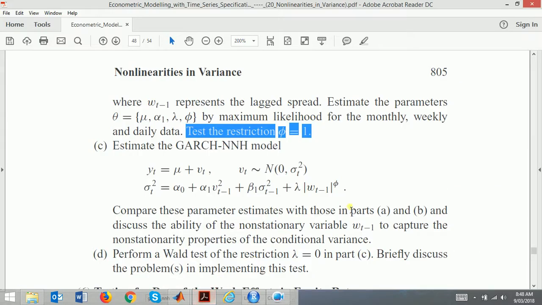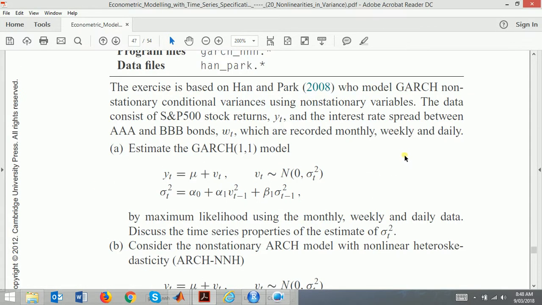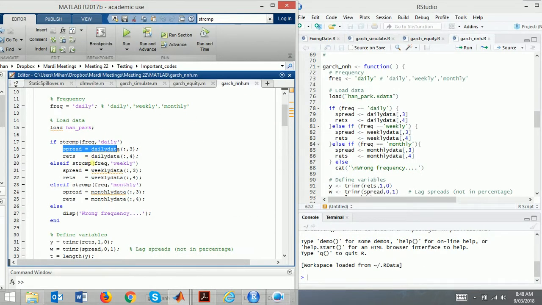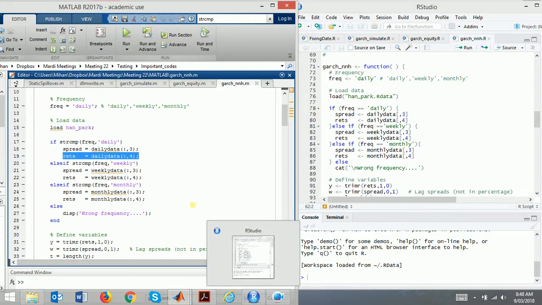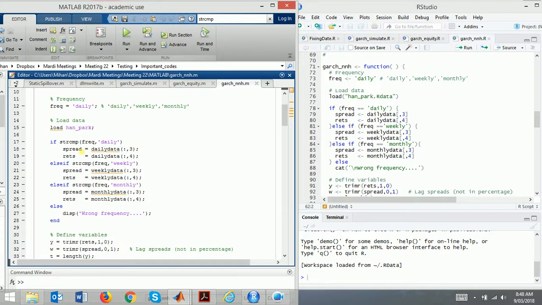So what information do we have? Basically the data is stock returns and interest rate spreads between 2 types of bonds, triple A and triple B bonds. So we have the bond spread and the returns of the equity from the third column and the fourth column.